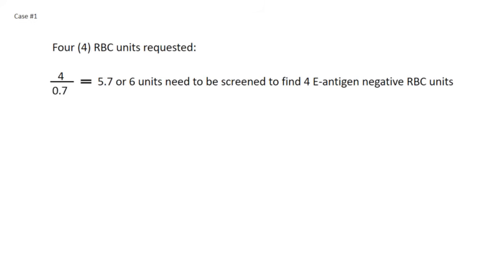Therefore, if we're looking for 4 units, we divide by 0.7 and come up with approximately 6 units. The reason that we use the Caucasian population is because the majority of blood donors in the United States tend to be Caucasian, so we just use their approximation. But of course, that would change based on your donor population in various regions.